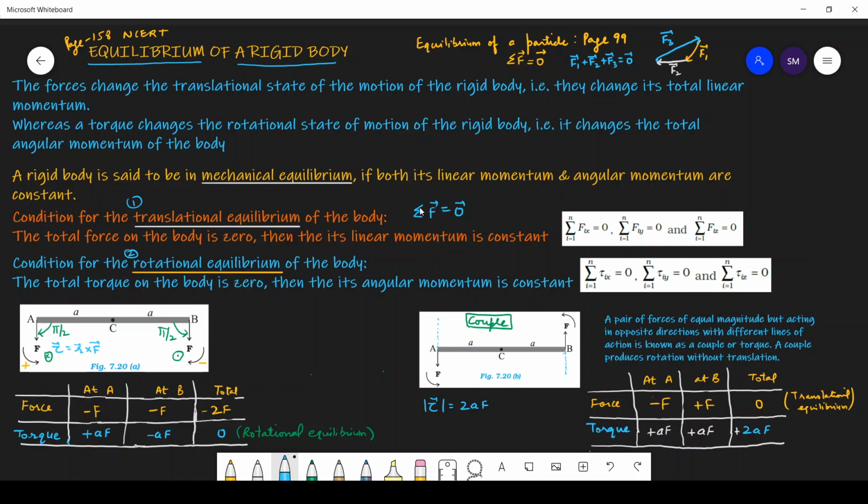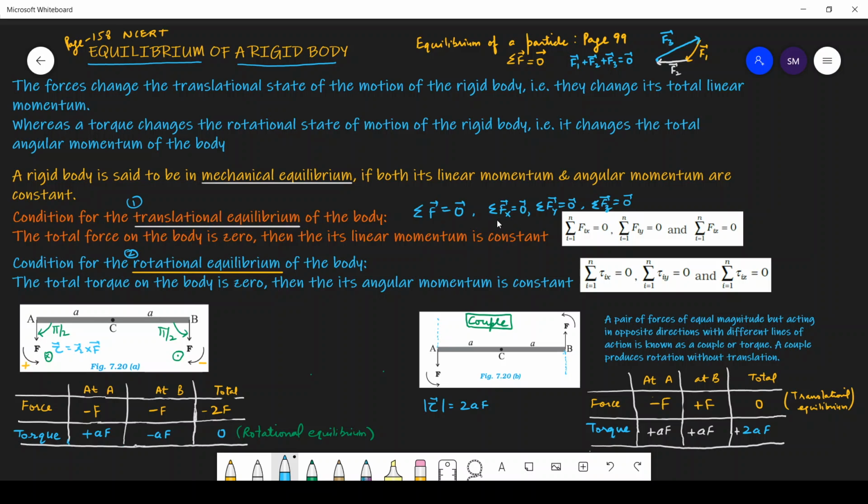So students, whenever we talk about vectors, it means the x component of the force must be 0, y must be 0 and z must be 0. So all the three components of force must be 0, which means sigma fx must be 0, similarly sigma fy must be 0, and sigma fz must be 0.